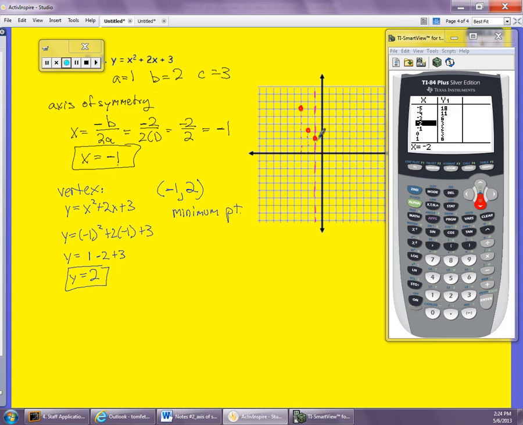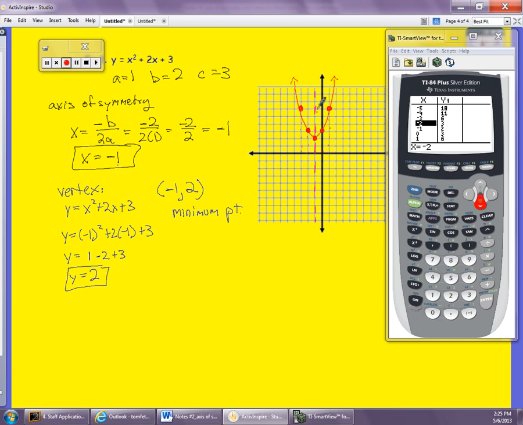So we know that this side of the U looks like that. We can just match these up. So we go up 1, right 1, and that's the point 0, 3. And then we can go over 2 and up 1, 2, 3, 4, 5, 6. And that's the point 1, 6. And then that's our graph. This is a minimum point because nothing's less than it, everything's above it.